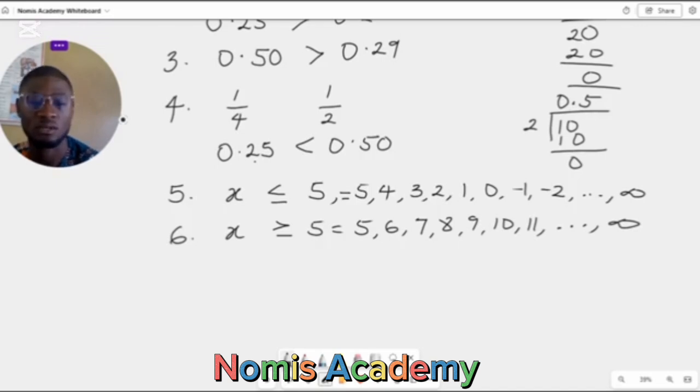Now let's take one with a limit. Number 7. If I say x is greater than 5, and the same x is less than 10, what are the possible values of x?